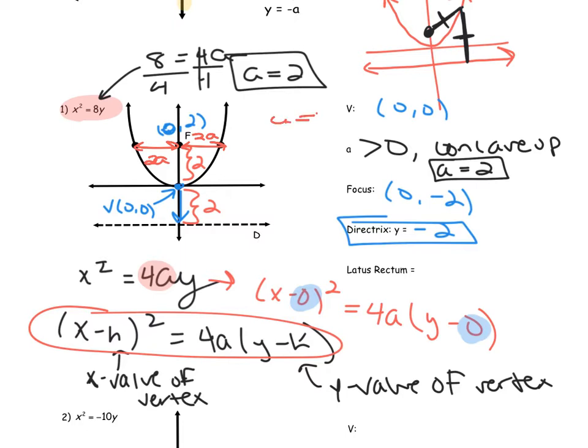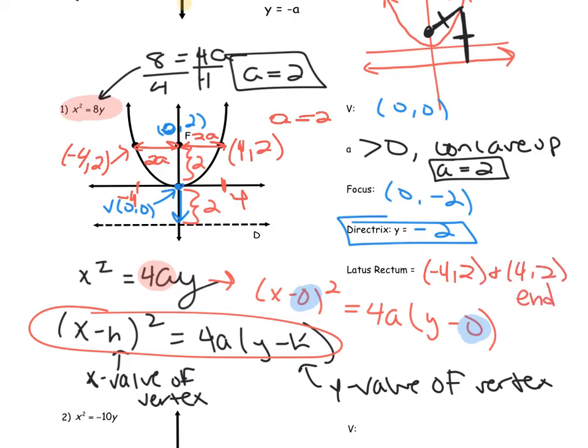If a equals 2, I know this is going to be 4, and this is going to be negative 4, because we're going left on the x-axis. So if I asked you to come up with the endpoints, this is the point negative 4, 2, and then 4, 2. So negative 4, 2 and 4, 2 are the endpoints.